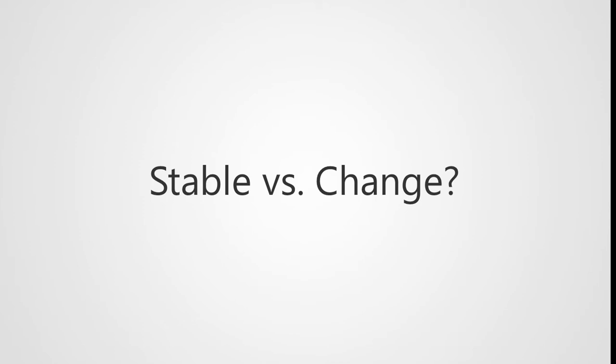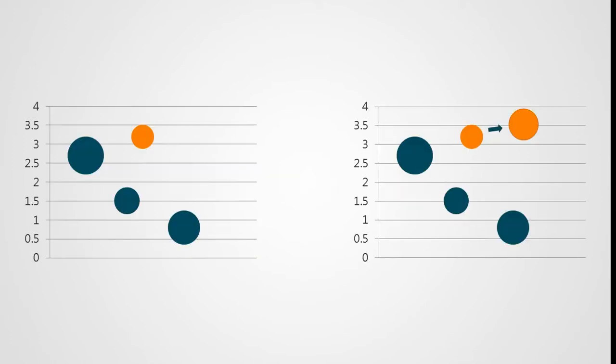And in the same way, you need to analyze the situation and your audience and figure out whether it's important to represent the actual stable version of things or the change that we see in things. So again, this is the representation of the bubble chart as a static element or representing the change that our organization is going through.